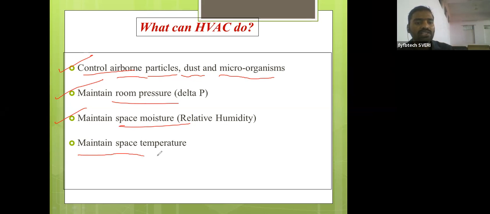Then it maintains space temperature, whether it is going to decrease or increase. These are the functions of the HVAC. First, it controls airborne particles, dust, and microorganisms. Second, it maintains room pressure. Next, space moisture. Next, space temperature. Write down these points.